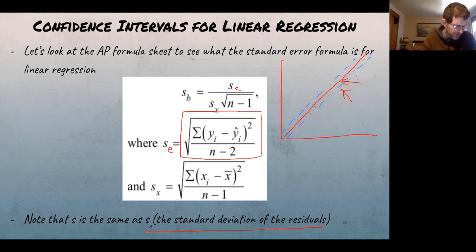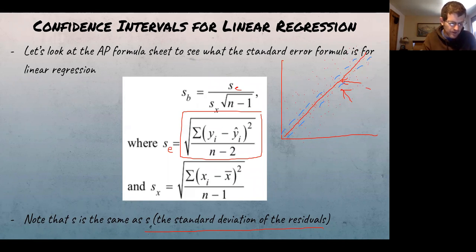But imagine now that my data is actually scattered out quite a bit. All right, so I'm adding a lot more points that are further away. And what this does is now all these new residuals have the effect of widening my standard deviation for the residuals.